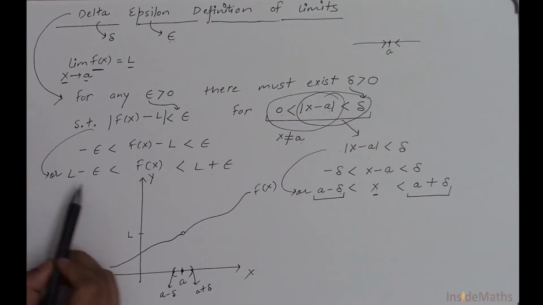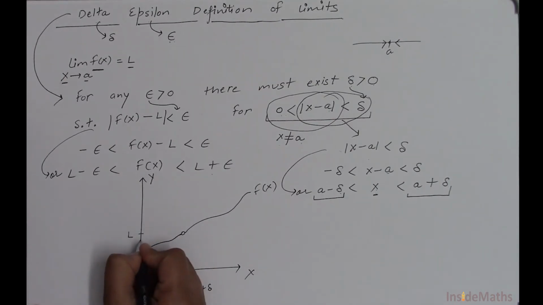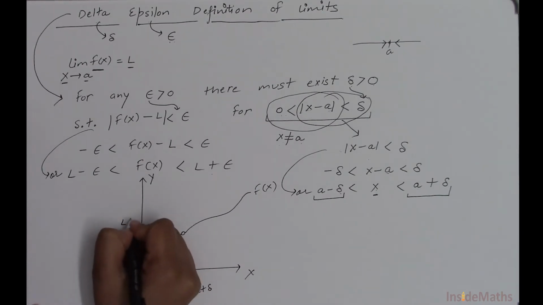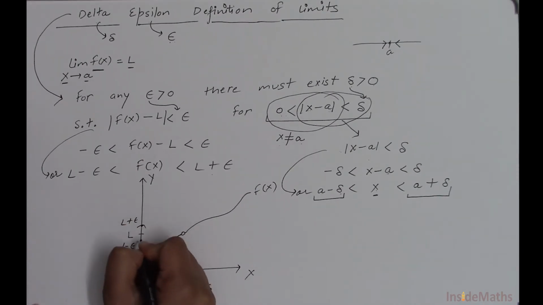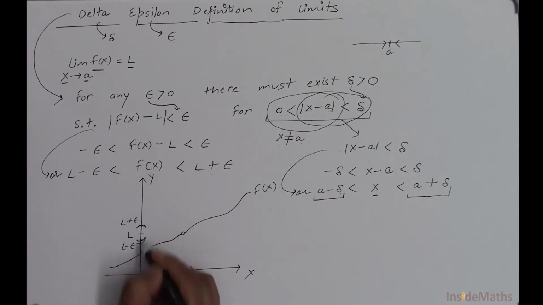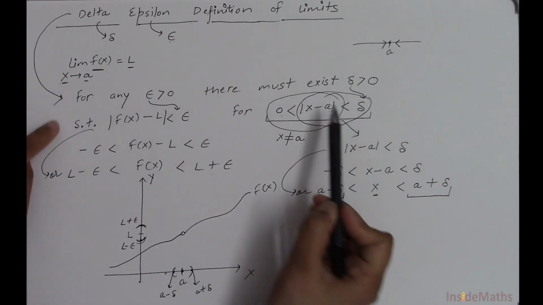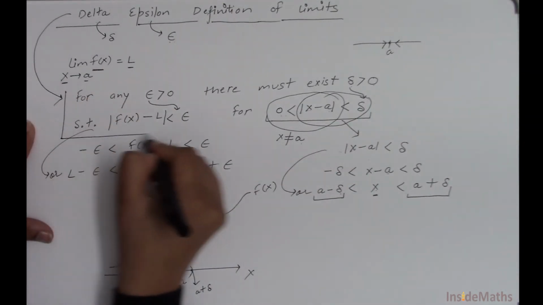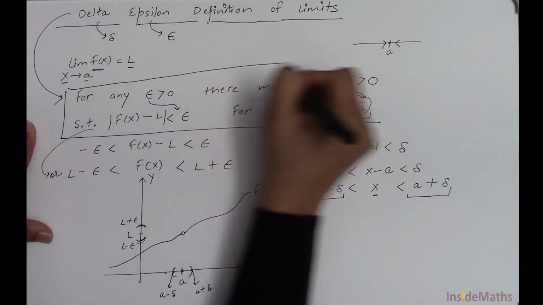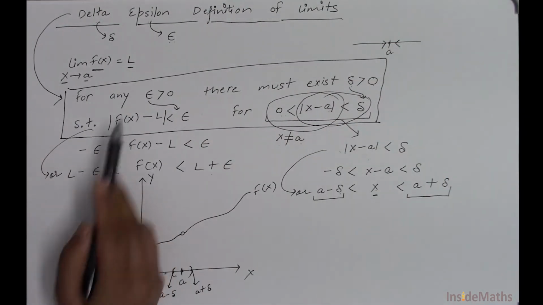Exactly like that, if here is somewhere L minus epsilon and here is somewhere L plus epsilon, then f of x lies between these 2 points. Now what does this definition exactly mean?